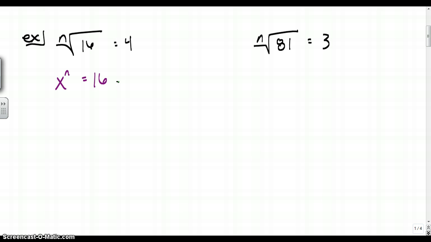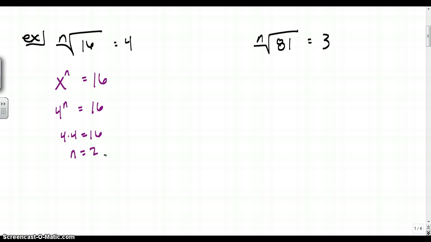Well, I know what that number is because this nth root of 16 is equal to 4. So I can rewrite this as 4 to the nth power equals 16. Or 4 times itself, how many times? n times equals 16. Well, this is just 4 times 4. So 4 times 4 equals 16. So in this case, n equals 2.